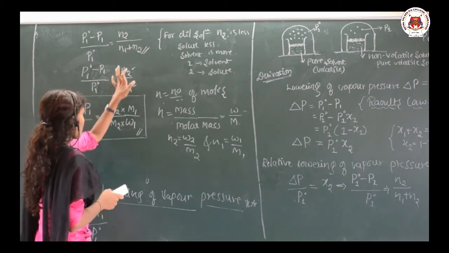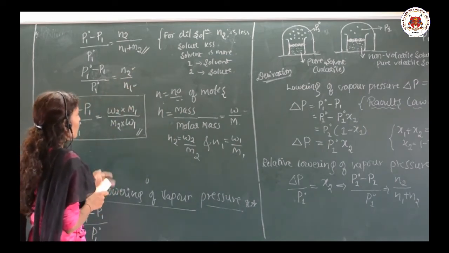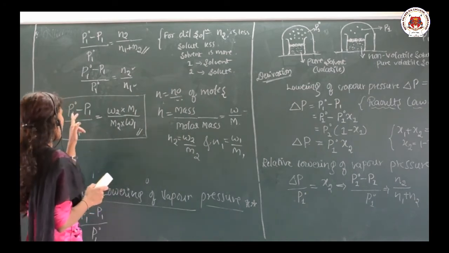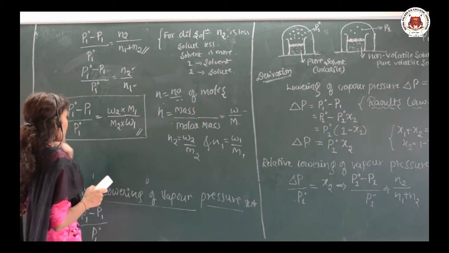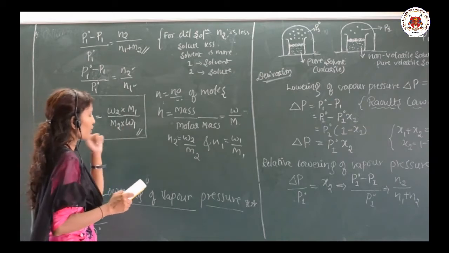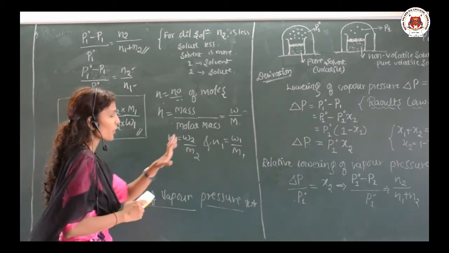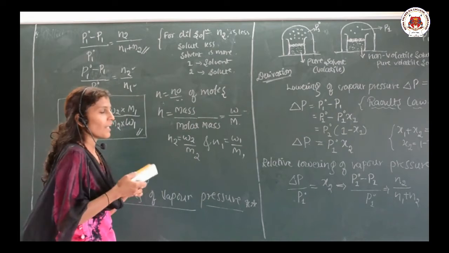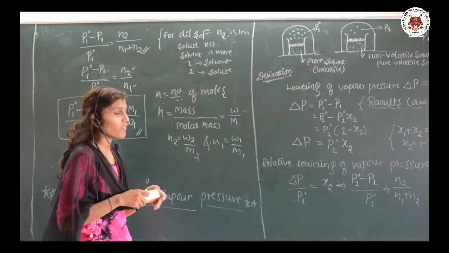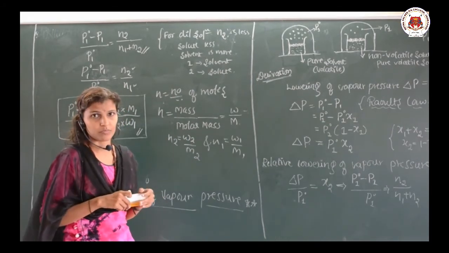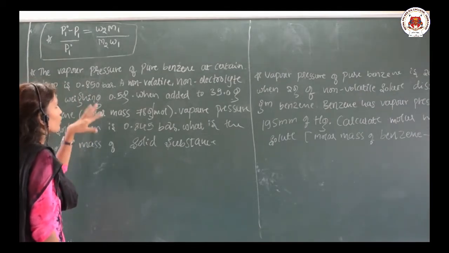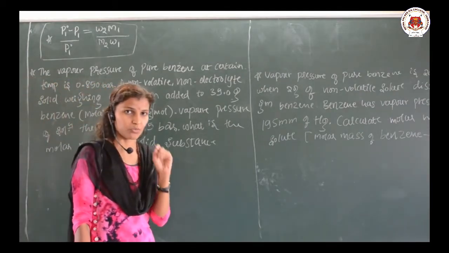If I substitute the N2 and N1 values, (P1 naught minus P1) divided by P1 naught is equal to W2 into M1 divided by M2 into W1. This is how we can derive the expression for the relative lowering of the vapor pressure. In our next class, we are going to discuss certain problems on this law.